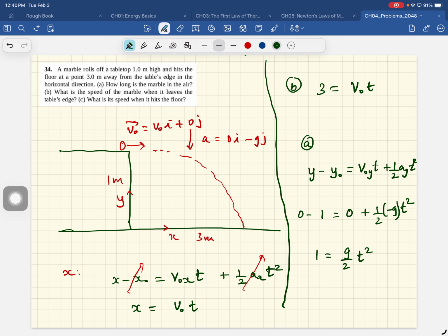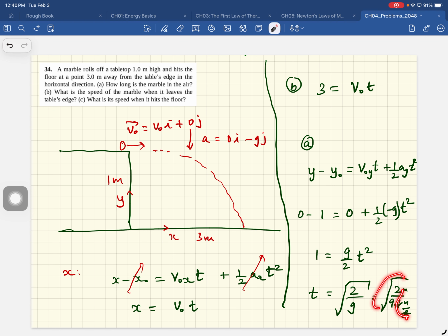Okay, so you can see that from the y component of the motion, we can get t. So t is the square root of 2 over g, in meters per second squared. And what you'll get is, so the second squared comes to the top, and the square root of that is a second.